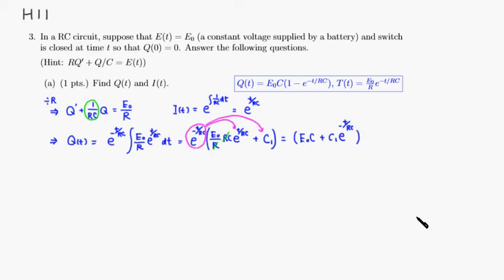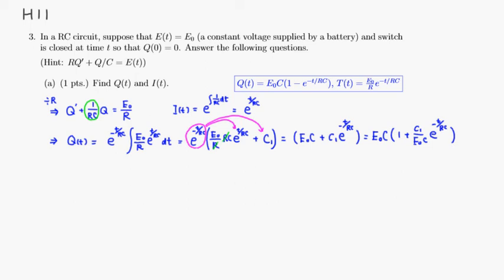Right? Then I'm going to just factor out the constant, so we have E0 C, right? Then you have a 1, right? Then you have a C1. I guess if you factor it out, you have to divide. So E0 C e to the negative t over RC. Right?